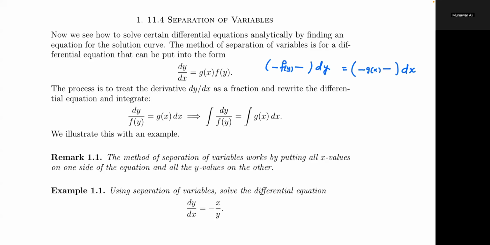But if you classify differential equations and you start with the order of the differential equation, separation of variables only helps to solve first order differential equations.